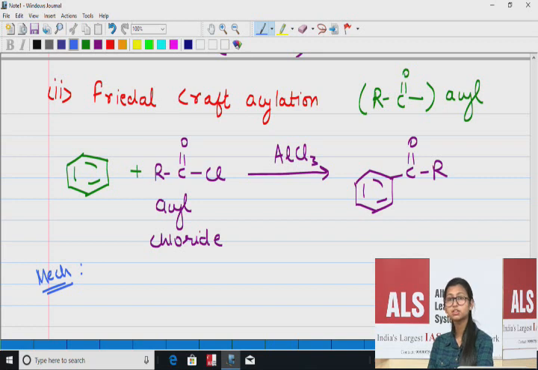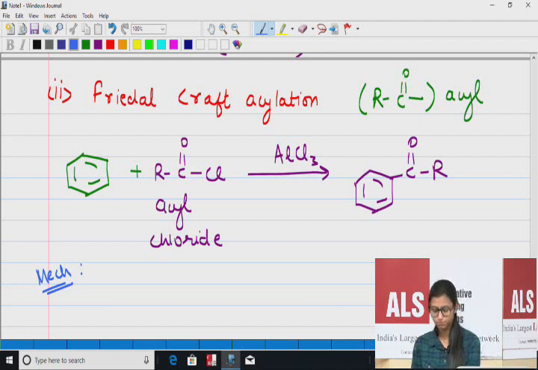Which group is the electrophile here? See, what group is there on the benzene? The group which is there on the benzene will be acting as your electrophile. Yes, acyl group will be the electrophile, obviously.